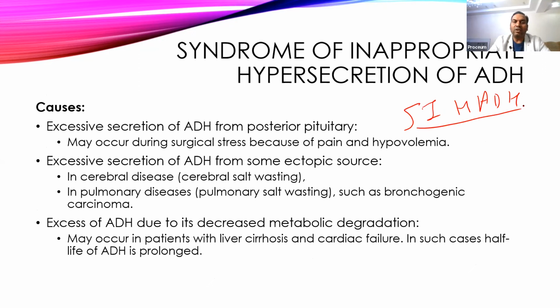It is caused because of excessive secretion of the ADH, and that may be because of severe loss or hypovolemia, or sometimes severe pain that can cause hypersecretion of the ADH hormone. Or sometimes there is ectopic secretion of the ADH hormone, like any disease present in the brain, or pulmonary carcinoma or bronchogenic carcinoma that can also produce a substance which acts similar to the ADH, and that will show the effect of hypersecretion of the ADH.